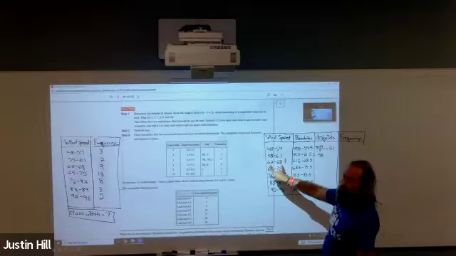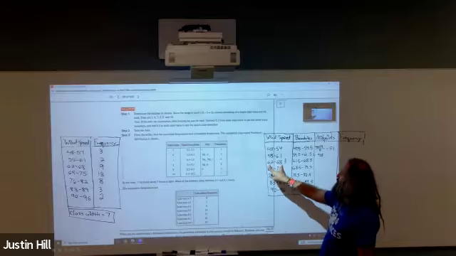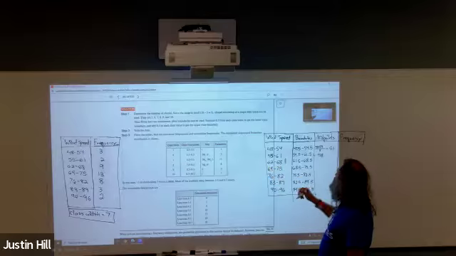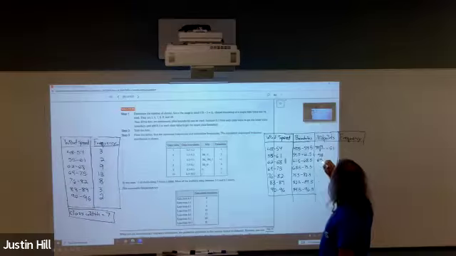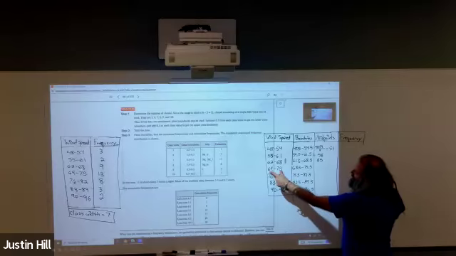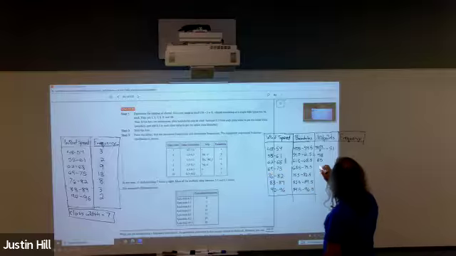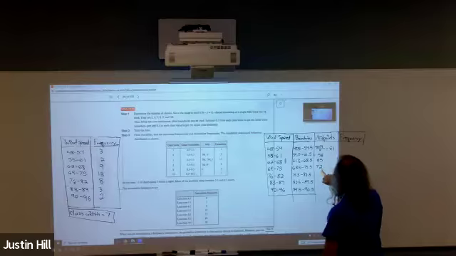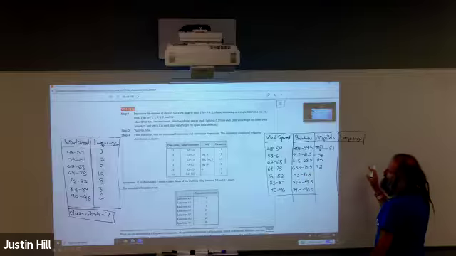From 62 to 68, they add together to give you 130. Divide that by 2, you get 65. 69 plus 75 is 144. You divide that in half, you get 72. So the midpoint would have been 72 for the fourth class.